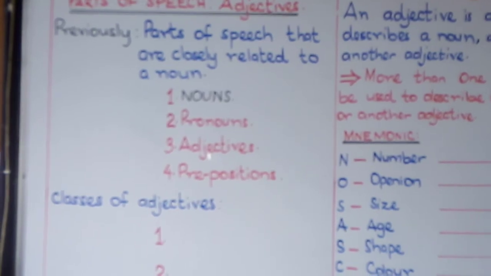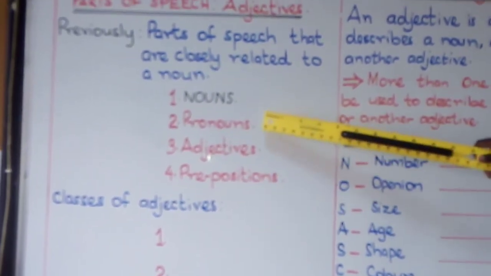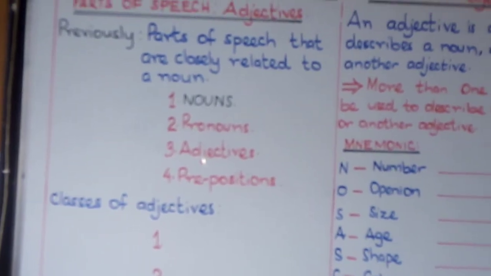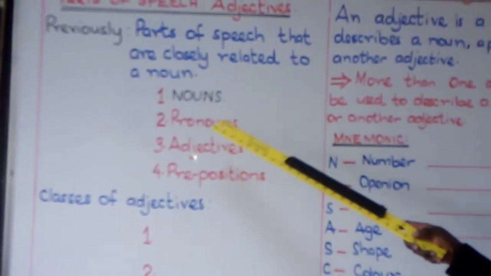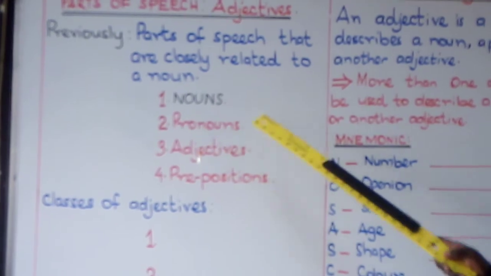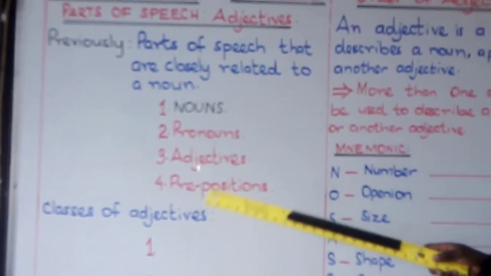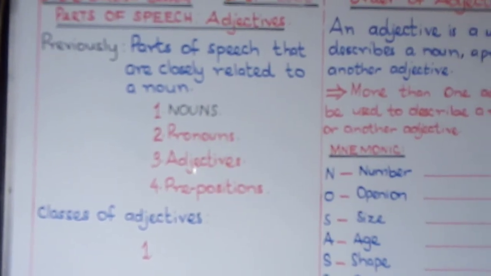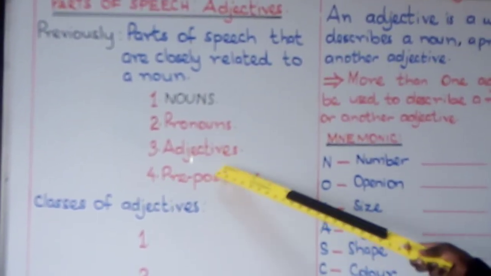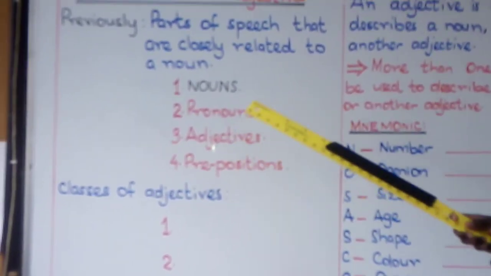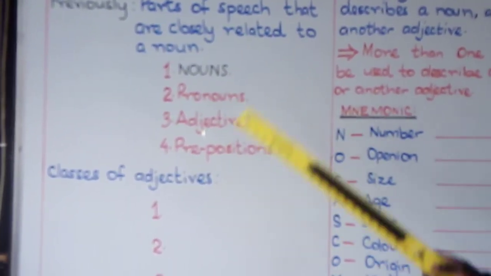So it carries equal weight as a noun. In the absence of the noun, we have its pronoun. Then to describe the nouns, the pronouns, and the other adjectives is an adjective. An adjective is there to tell us more about nouns.